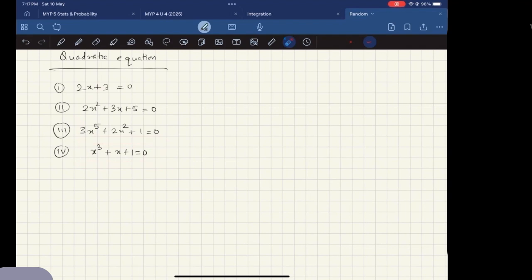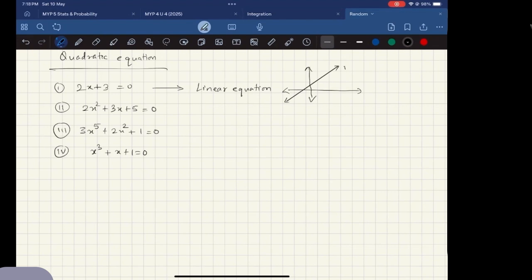That's right. So if the highest power is 1, then we call it a linear equation. Why do we call it a linear equation? Because if you make a graph of it, you'll end up getting a straight line.